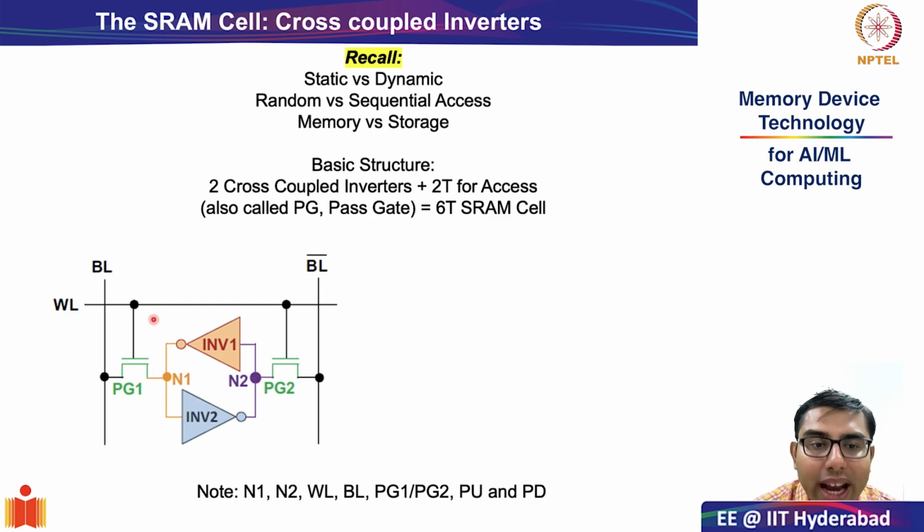So in essence, when pass gate 1 and pass gate 2, whose gates are connected to each other, are turned on, the voltage on storage node 1 will be reflected on bit line, and the voltage on storage node 2 will be reflected in bit line bar. This also gives you an idea of the terminology. Why are these bit lines called bit line and bit line bar? This is because N1 is always the complement of N2, right?